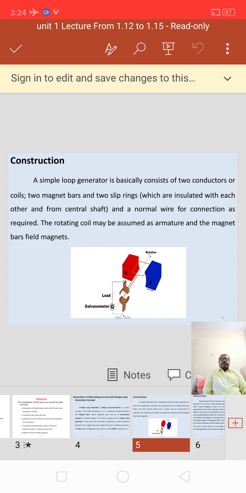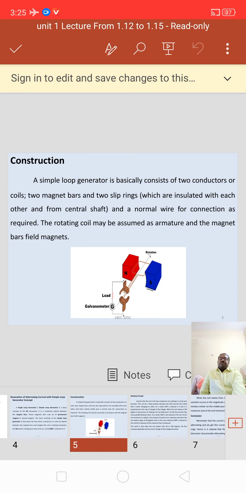The basic parts of simple loop generator are shown below: two conductors, two coils, two magnetic bars, two slip rings and a central shaft. These magnetic bars are horseshoe shaped magnetic bars. This is the construction concept of simple loop generator.